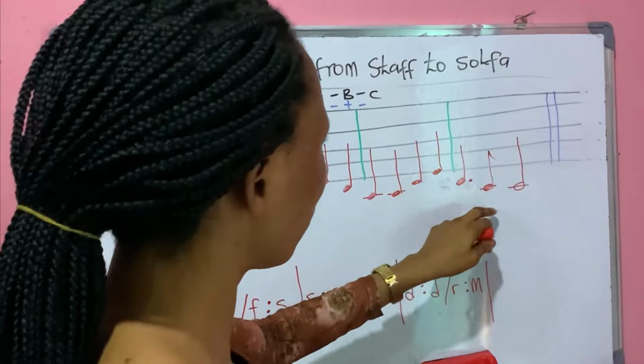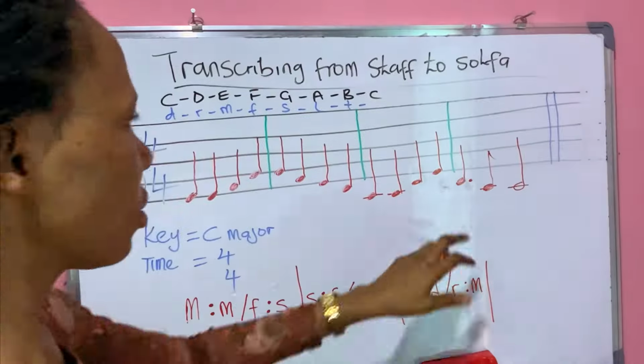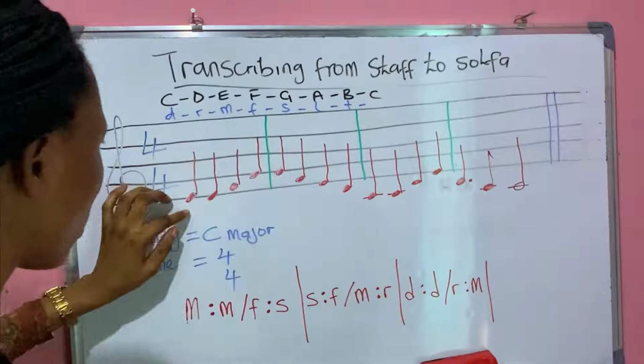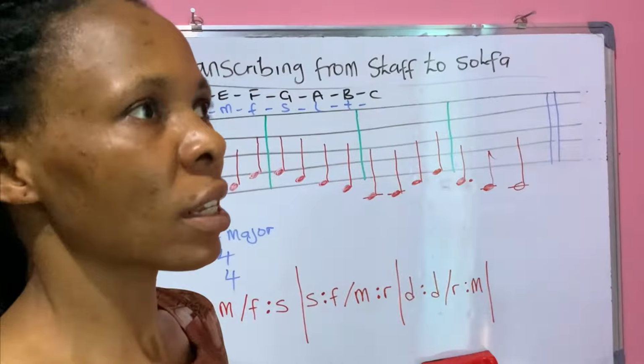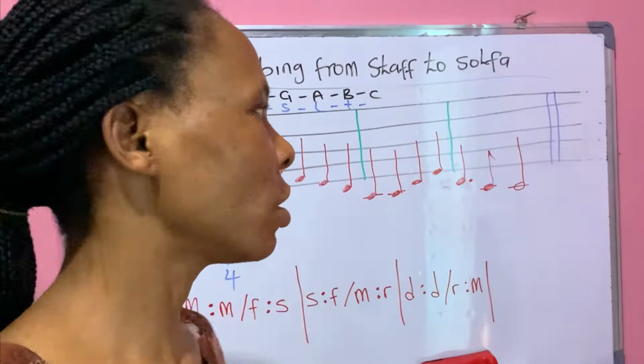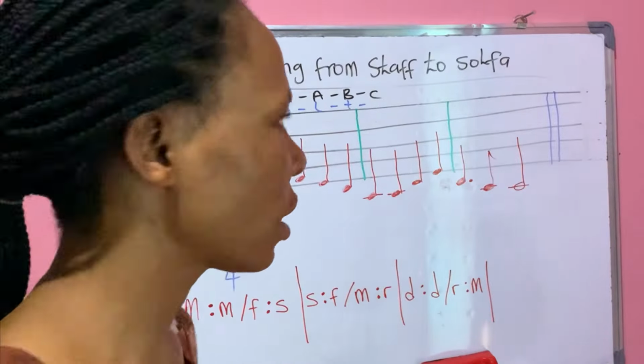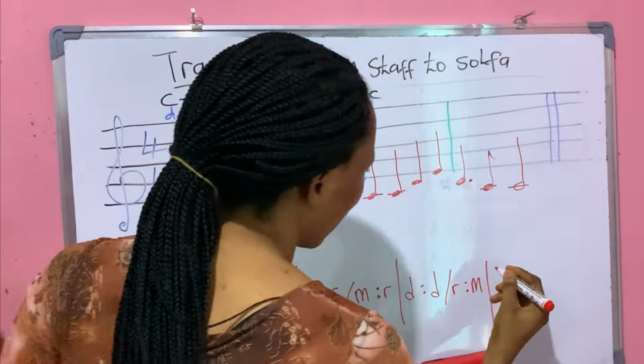Then Do. Now you see, this is a dotted crotchet. That means this note is more than 1 beat, because if the crotchet is 1 beat and there's a dot there, the dot is half the value of the original. If the original was 1 and the dot is added, that dot is going to be half. So 1 plus half, that's 1.5 beats. And this is how 1.5 beats is written.